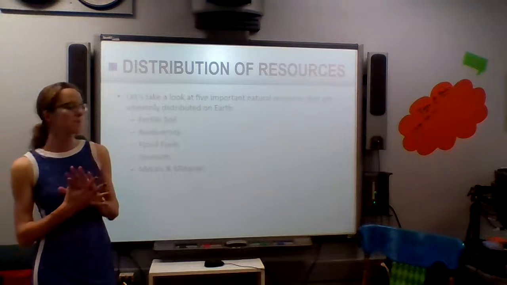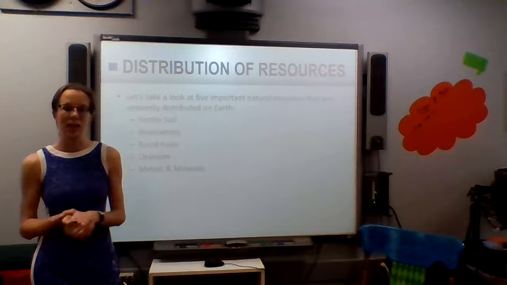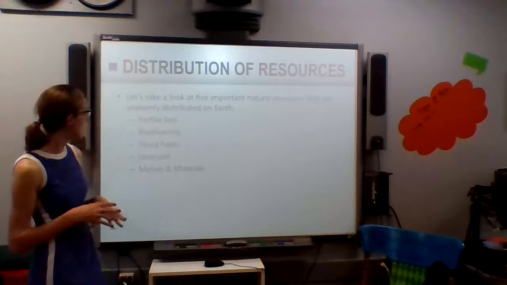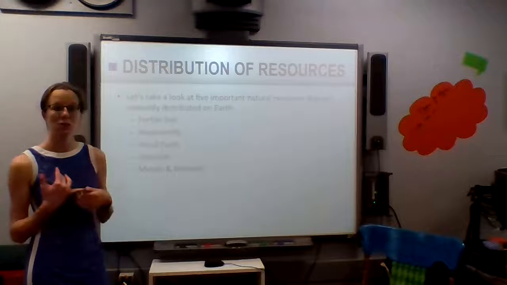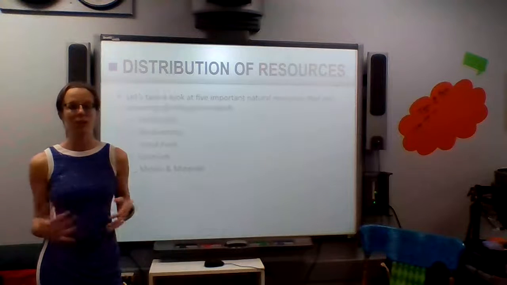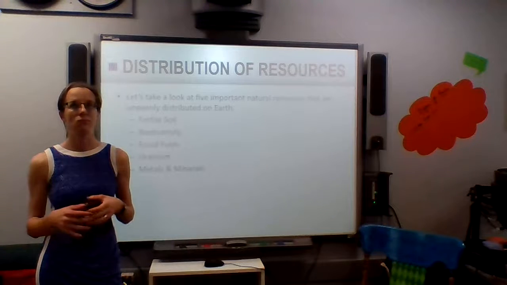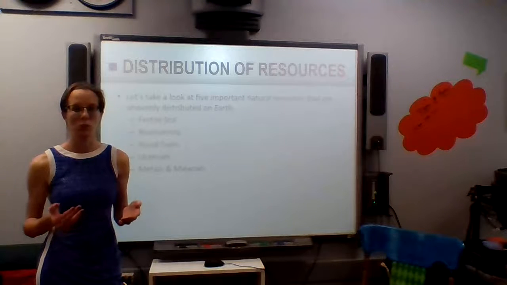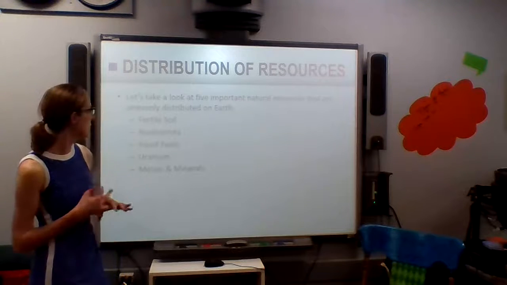So we're going to take a look at 5 important resources today and kind of the distribution of them on our planet. Those are going to be fertile soil. So fertile soil is important to grow things, to have a healthy agricultural area of our world. You would need fertile soil, so soil that's going to support a lot of plant life and growth.